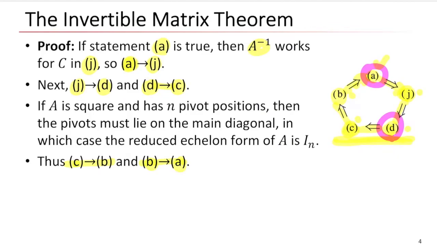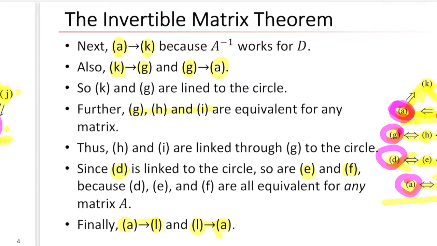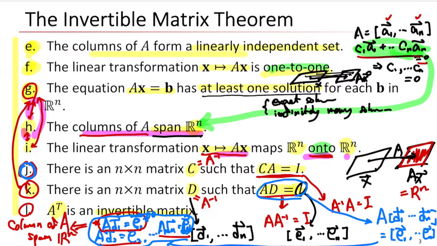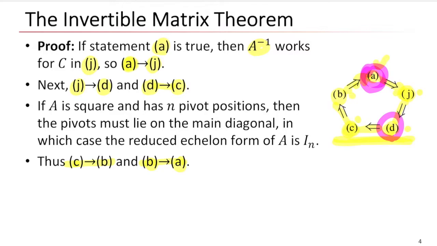We already know the statements from A form a circle here, right? To summarize, all of these statements are related and logically equivalent. So these statements are either all true or all false. Okay.